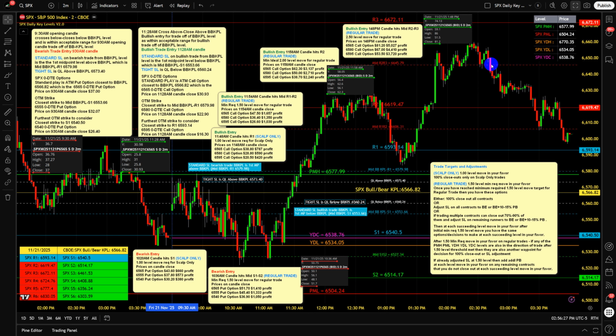Whereas with the 0 DTEs, if price starts moving against you later on in the session, they will move against you a lot more rapidly than the 1 DTEs will. The 1 DTEs also allow you to stay in longer with a move into the later part of the session if we're moving into the, say, 2:30 to 3 p.m. and beyond range versus the 0 DTEs.